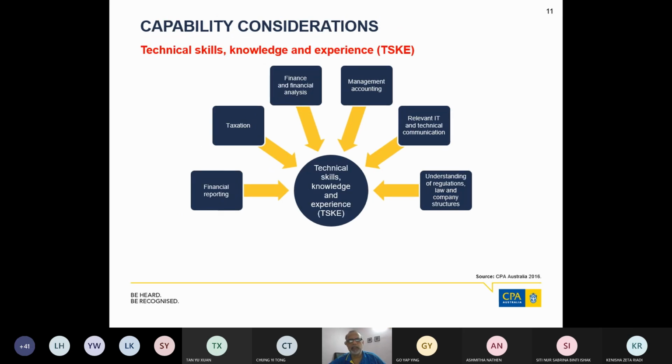So now there are two aspects here. One is the technical skills, knowledge and experience. Financial reporting, taxation, financial analysis, management accounting, IT, company law, and so on and so forth. So 1, 2, 3, 4, 5, 6. This is what we call TKSE. Now all of these you're going to acquire from your studies in Taylor's University, through different modules.